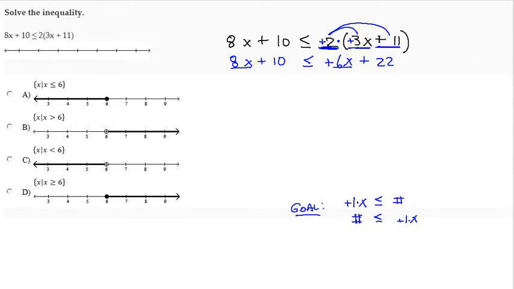There's one other issue with inequalities, the one major difference in the solving process: if we ever had to multiply or divide the inequality by a negative number, the inequality symbol that we start with, this less than or equal to, could flip to greater than or equal to.